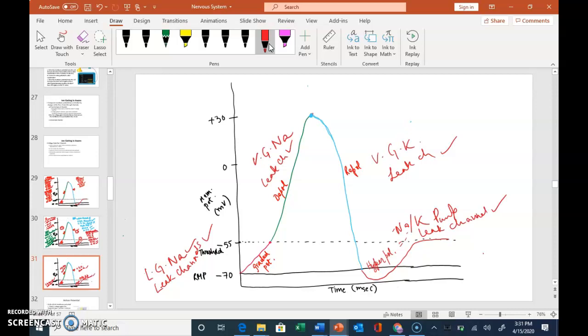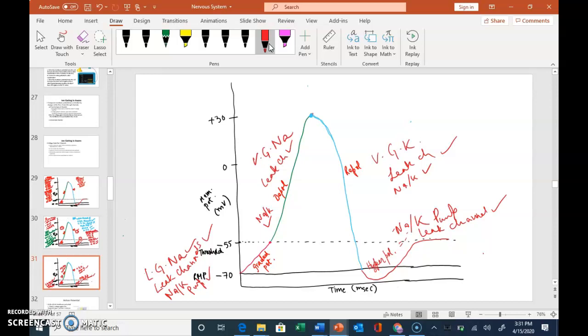How about the sodium-potassium pump? During graded potential, the sodium-potassium pump is open. Sodium-potassium pump open, and it is the sodium-potassium pump that helps to restore the resting membrane potential after hyperpolarization.